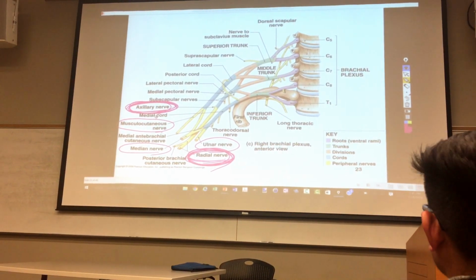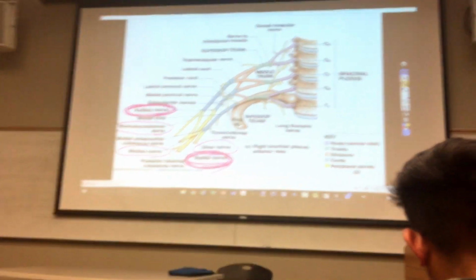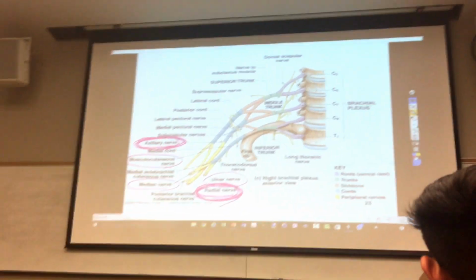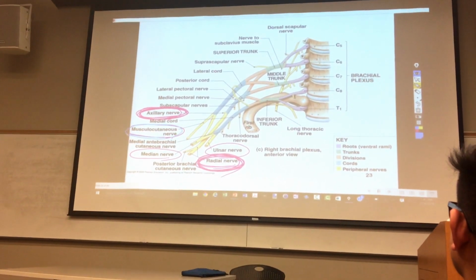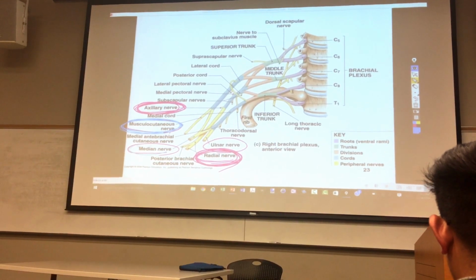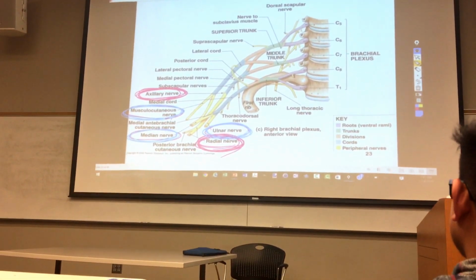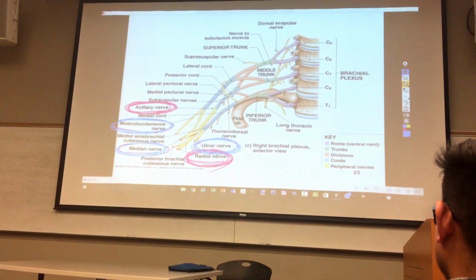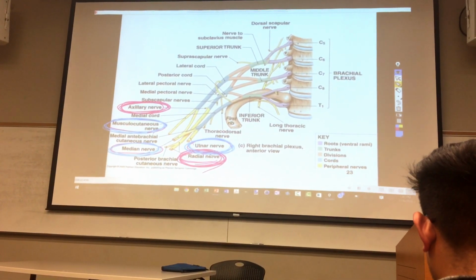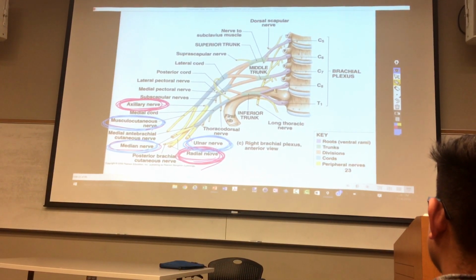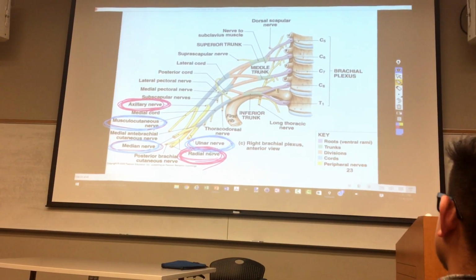If I'm talking about the ones that are a little bit more flexor oriented, flexors and adductors, that kind of stuff, then it's the other 3, the musculocutaneous, the median, and the ulnar. Okay, so those are the ones that are a little bit more flexor oriented. So if axillary and radial nerve are more extensor oriented, where do you think they receive their innervation from? What types of divisions?